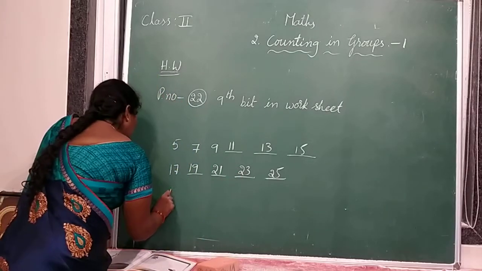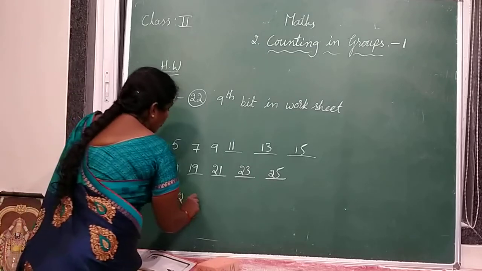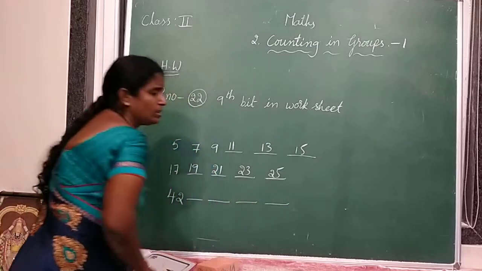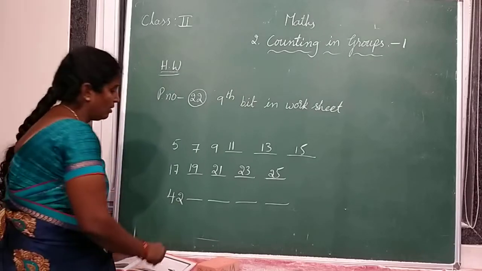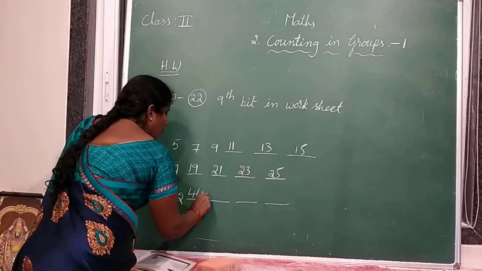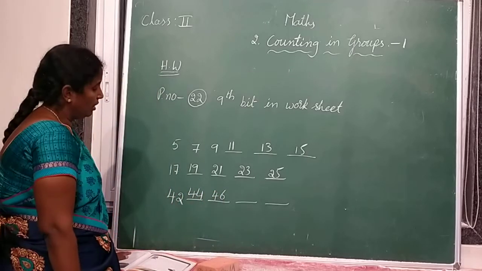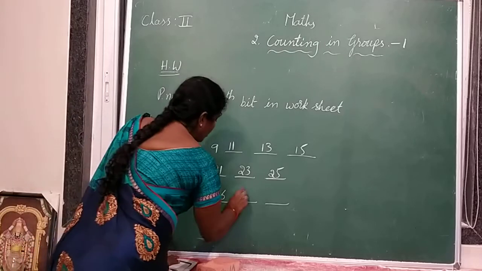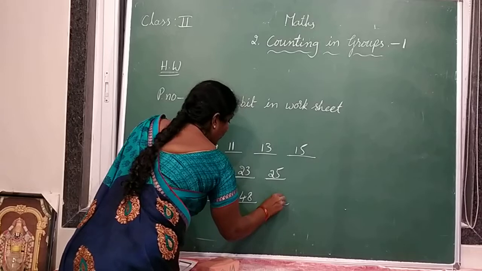Next in counting in twos, 42. What are the next 4 numbers in counting in twos? After 42 is 44. After 44 is, yes, very good, 46. After 46 is 48. After 48 is 50.